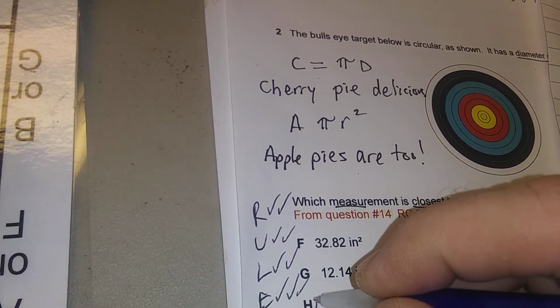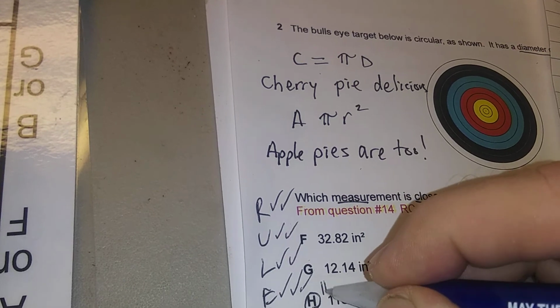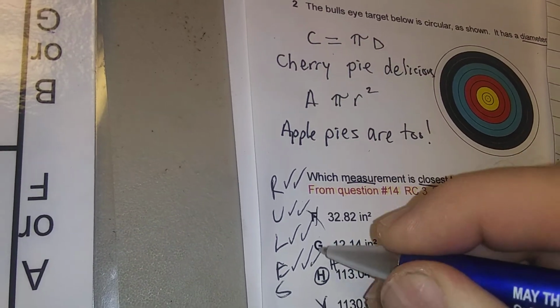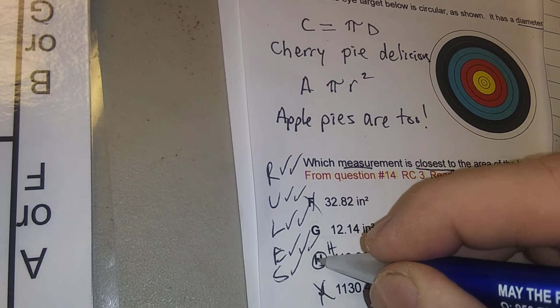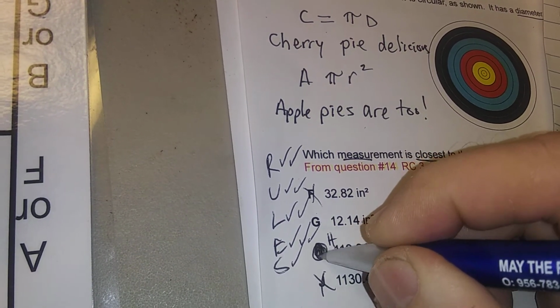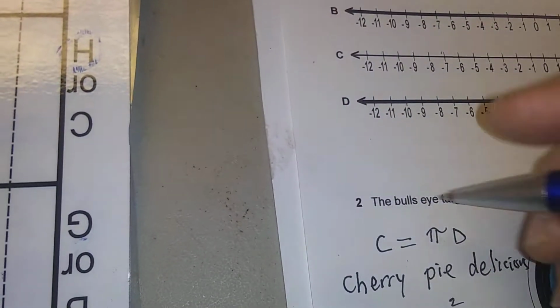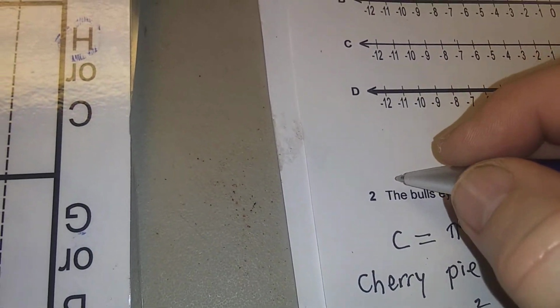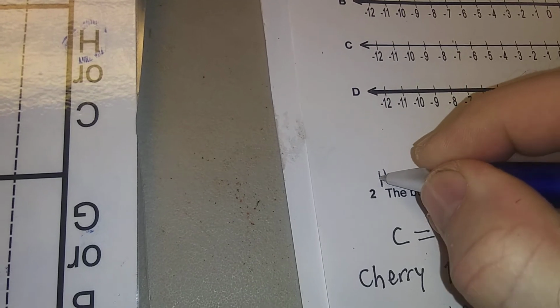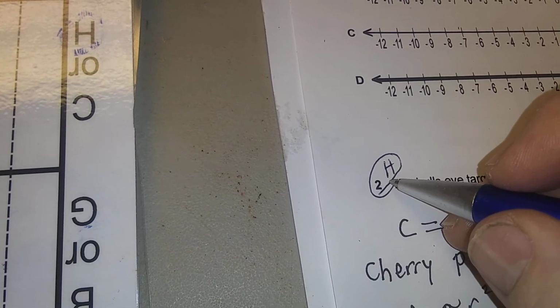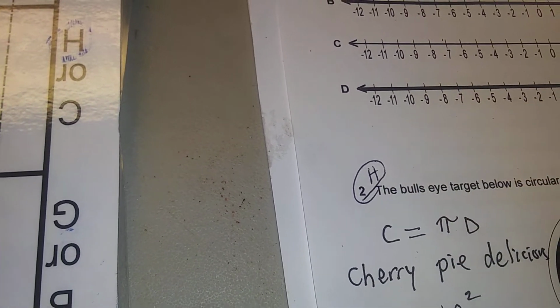So I'm going to circle the H, very tiny, put another little H there, eliminate the other 3 answers, and we're going to select H, and we're going to go ahead and bubble it in. And the last thing that I've taught you is right next to your number 2, we're going to put an H and circle it so that our book answer matches our Scantron answer.